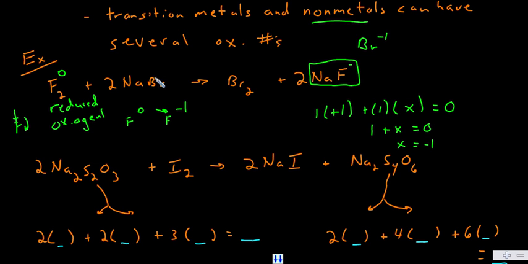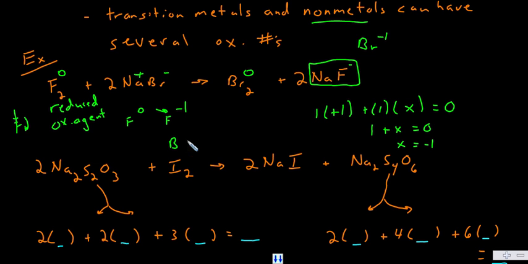Now, what about within the sodium bromide? We know that sodium is always plus 1, right? So what's that oxidation number of bromine here? It must be minus 1. And then it's turning into the bromine element in elemental form, or bromine molecule. It's going into 0.